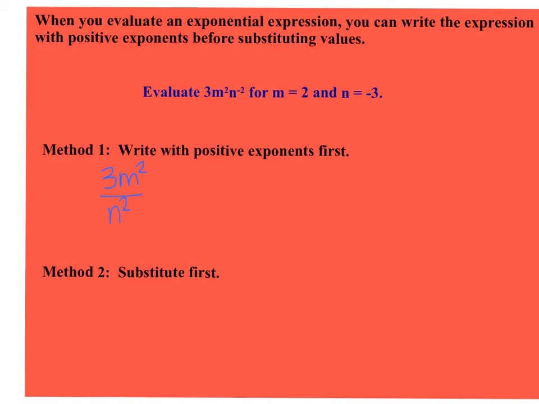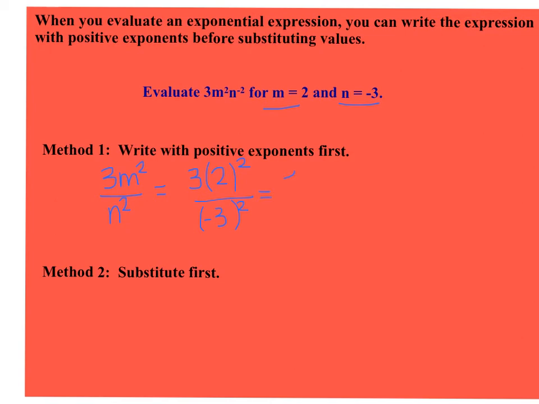And then you would actually substitute these values for m and n into your new expression. So that would be 3 multiplied by 2, which is squared, over n, which is negative 3, and that is squared. And then just follow order of operations.